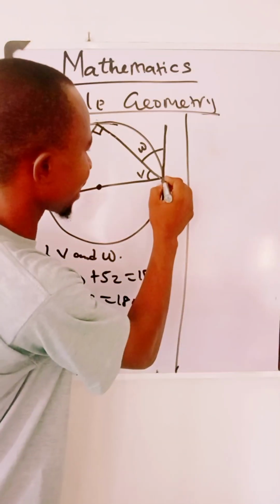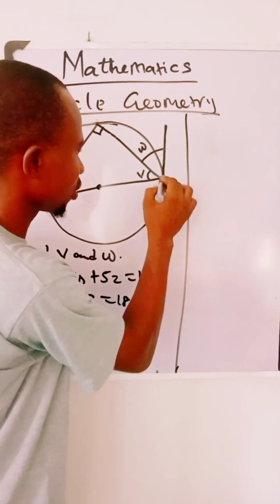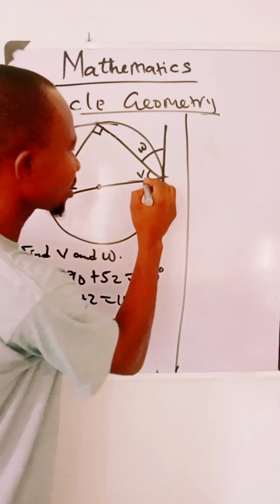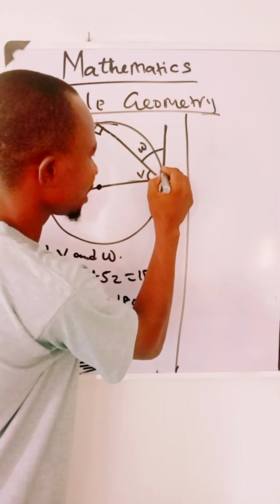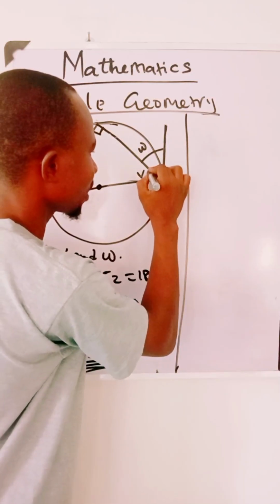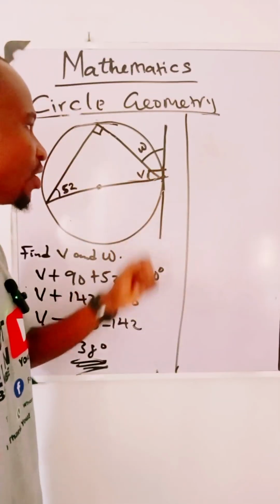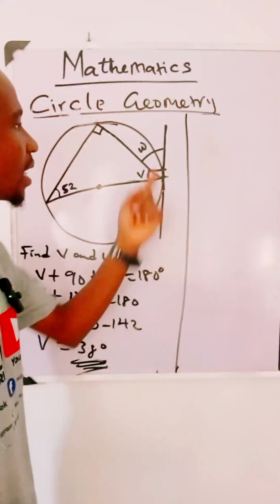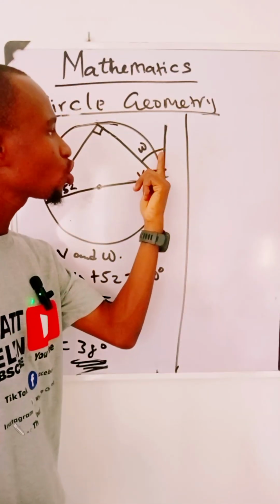Now, this is my tangent here, right? Good. So this point here is what? A radius. So that means from here to this point here, not outside here, from here like this is 90 degrees, right? But my angle W is an angle also outside.